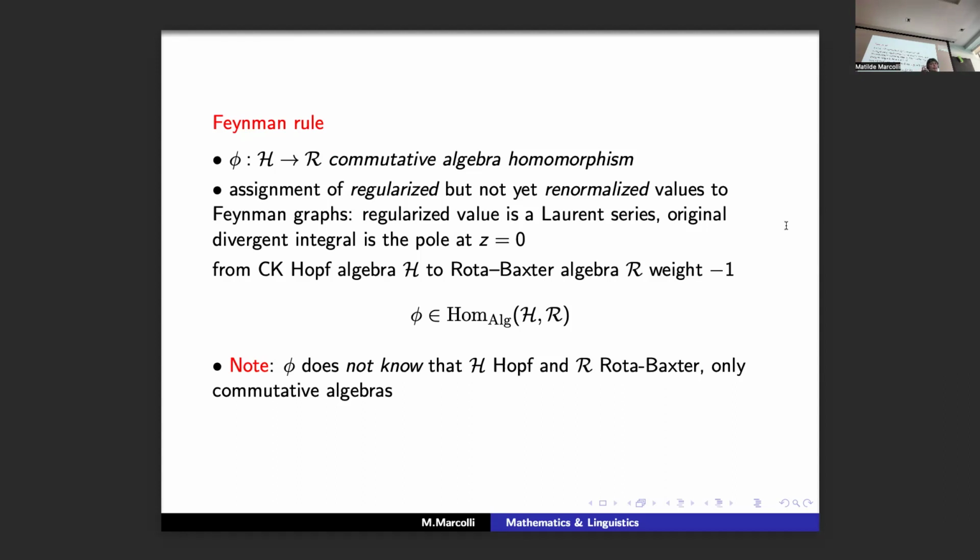The terminology here, I think, is pretty bad, because people call these characters of the Hopf algebra, but they are really characters of the underlying commutative algebra, because they're not depending on the co-algebra structure. It's just that people call these characters of the Hopf algebra, but they are homomorphisms of commutative algebras from H to some target.